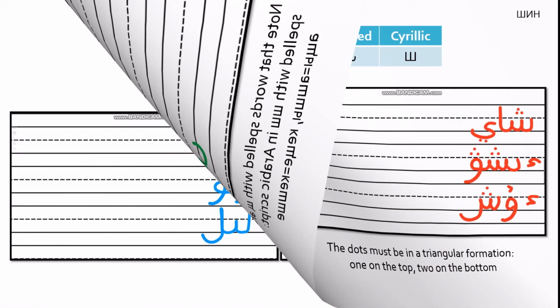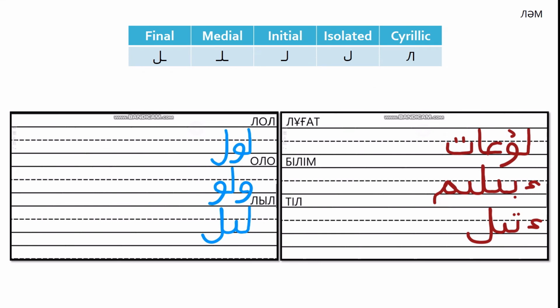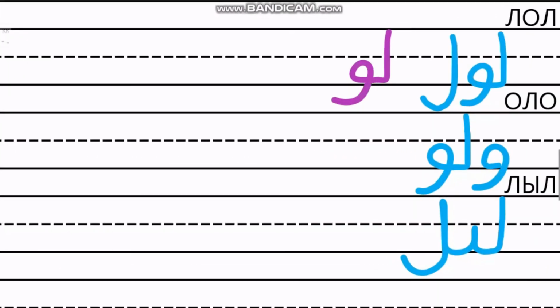Next, we have lam, which corresponds to the Cyrillic letter L. It's much taller than the others we've looked at in this lesson, and the final and isolated forms dip below the bottom line.